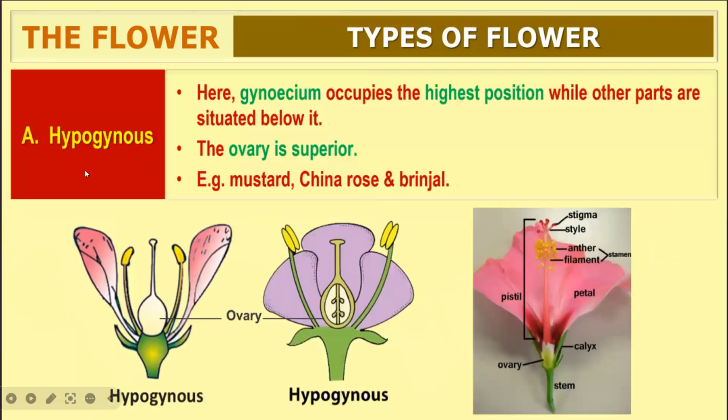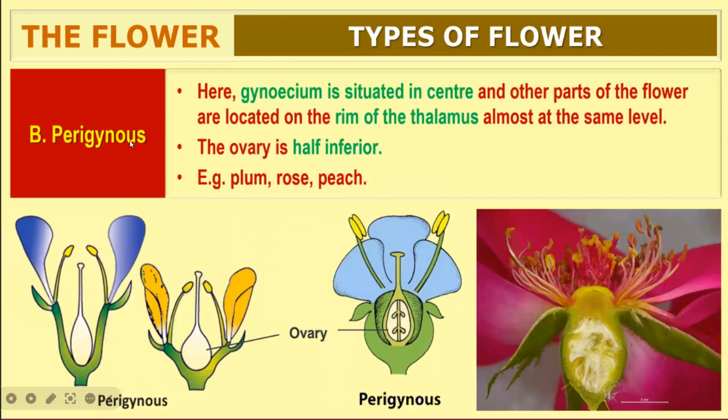Now they have given, see, hypogynous. Here the gynoecium occupies the highest position while other parts are situated below it. The ovary is called superior. Example: mustard, China rose, and brinjal. Then we have perigynous.